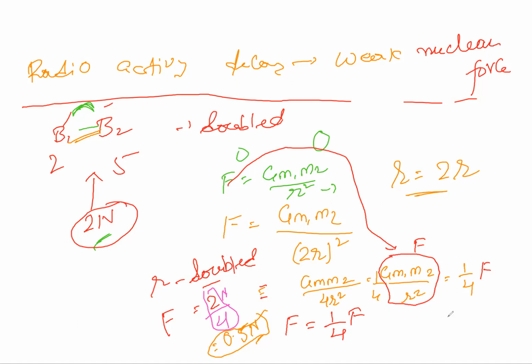Again, I will explain clearly with a fresh page. There are two balls, the first ball has 2 kg and the second ball has 5 kg. There is no need of the masses, but they gave the information.